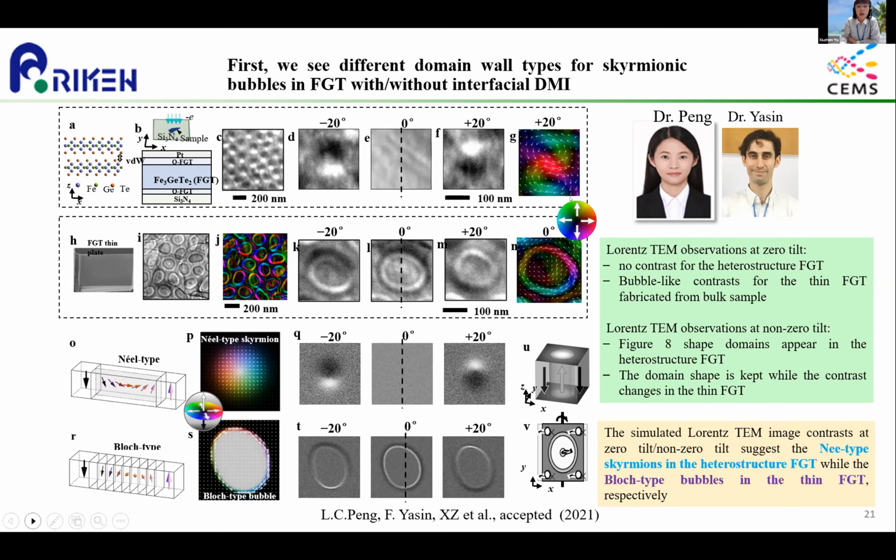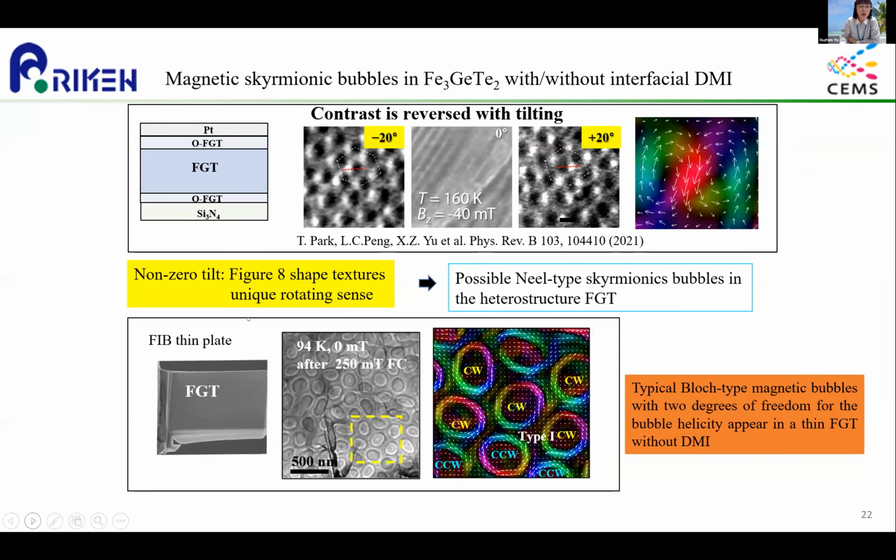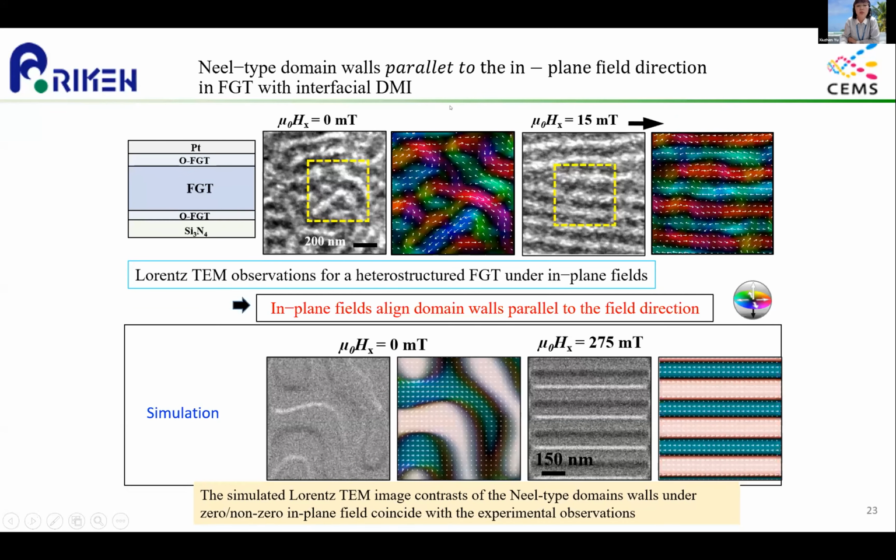To identify the Néel-type and Bloch-type magnetic twist in this FGT, we use an in-plane field to drive the stripe domain.